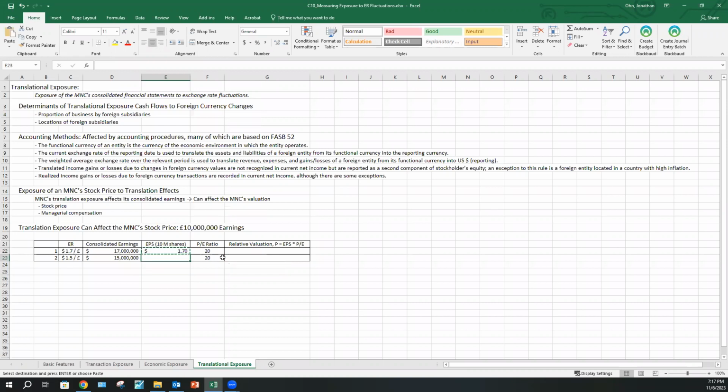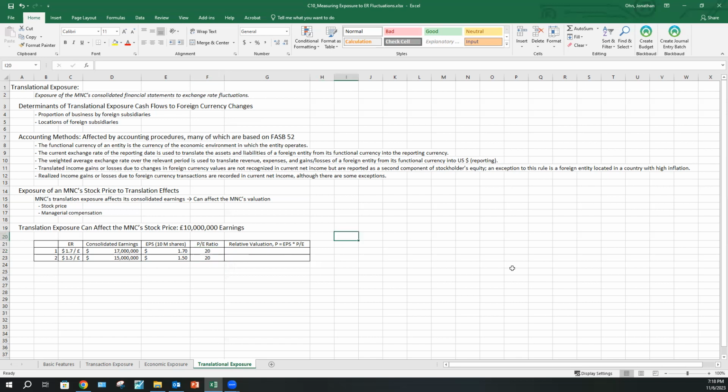And the same thing for the second case, 1.5. And suppose the company's PE ratio is 20, given the projected PE ratio and projected earnings per share.